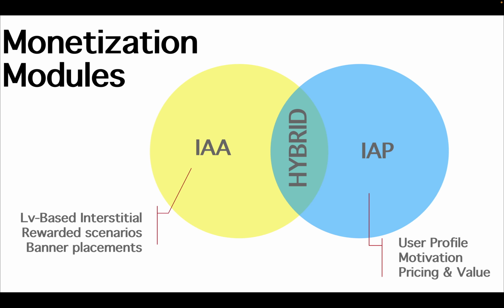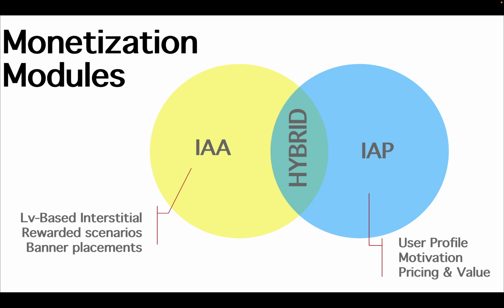Rewarded scenarios are just for rewards, so basically you watch a rewarded ad for your reward. Interstitial videos are more common in hyper casual. Let's think of a runner game. After every level, you'll see a skippable 5-second interstitial video. These three are the combination for in-app advertising.